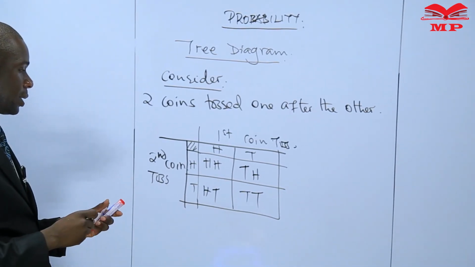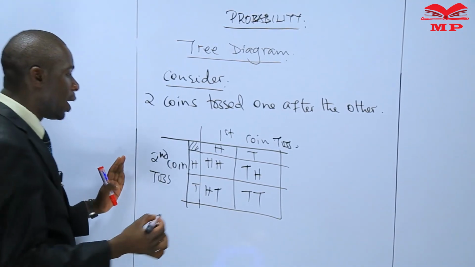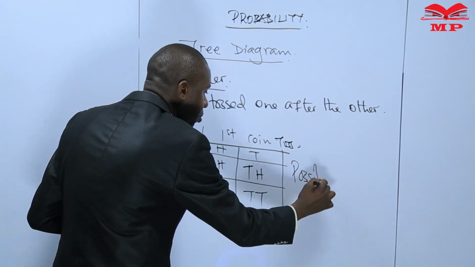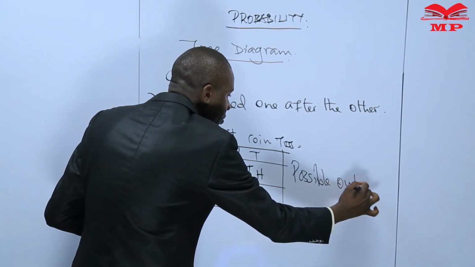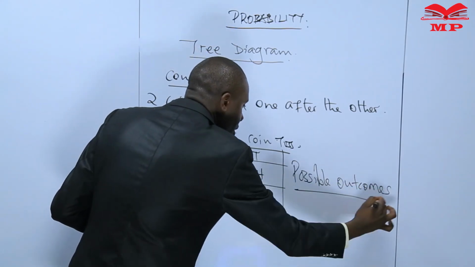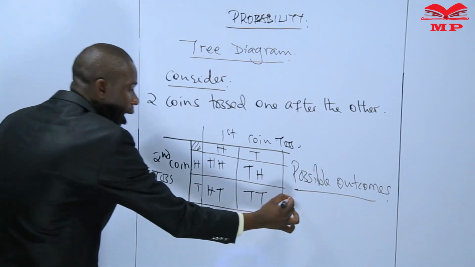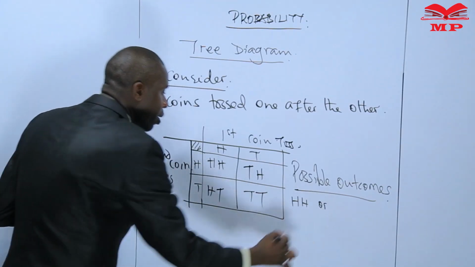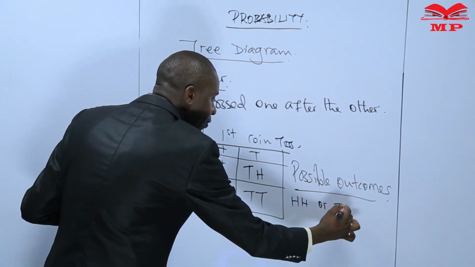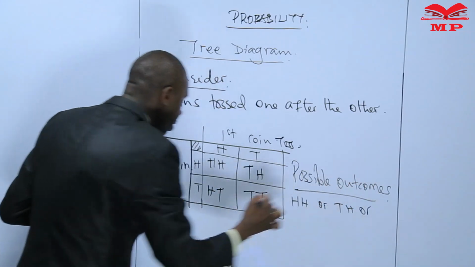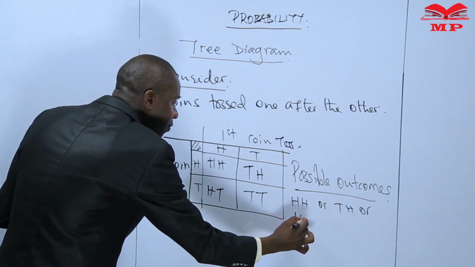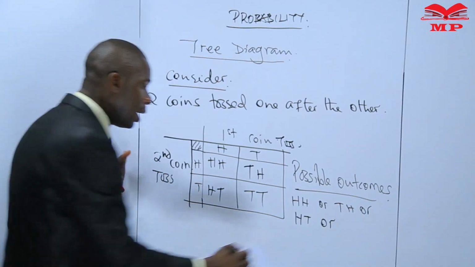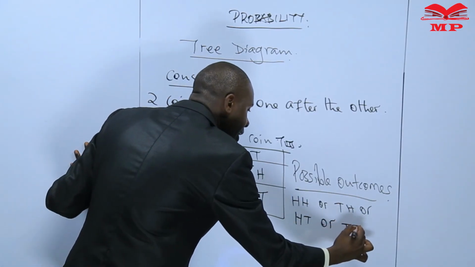So we can say our possible outcomes are these: head followed by head, or tail followed by head, or head followed by tail, or tail followed by tail.